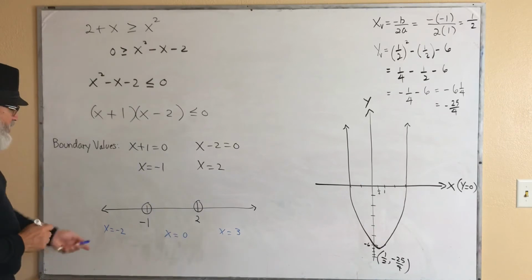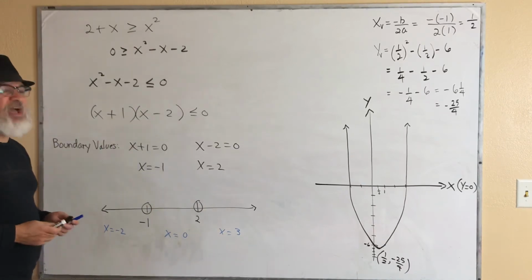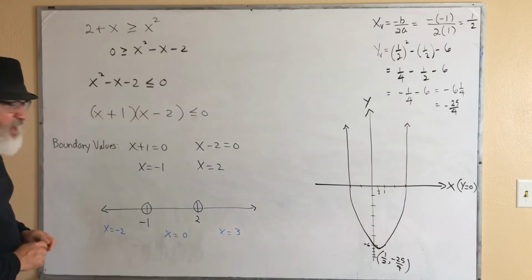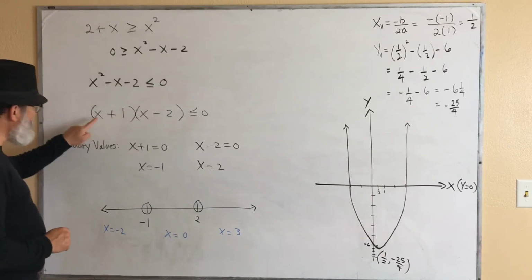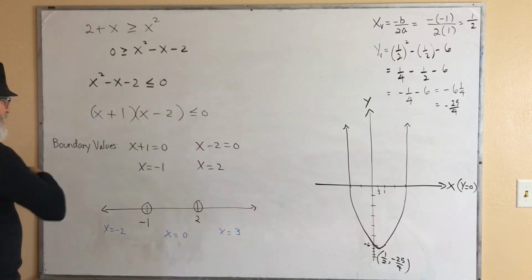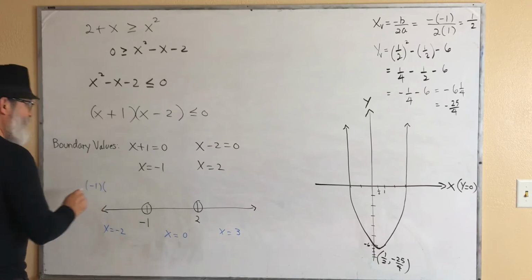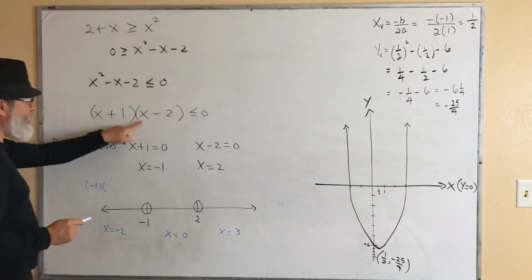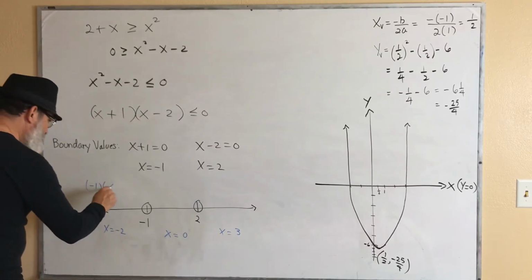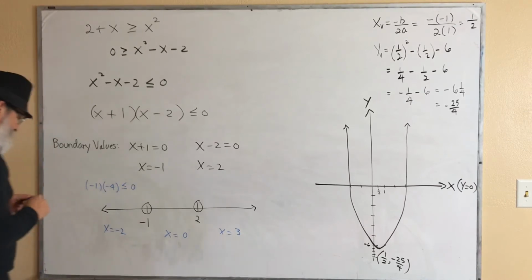The first value, negative 2. Plug it into the factor side. Negative 2 plus 1 is negative 1. Times negative 2 minus 2 is negative 4. Less than or equal to 0.